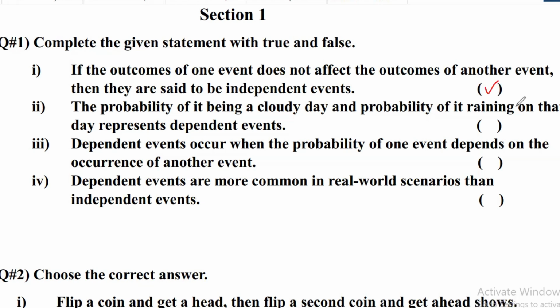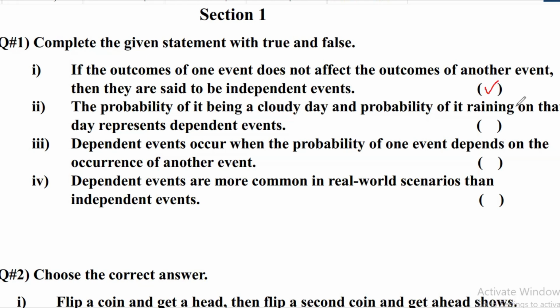Next, the probability of it being a cloudy day and the probability of it raining on that day represent dependent events. Yes, this is true, because the cloudy day will show, or depend on, how much the possibility of rain would be.